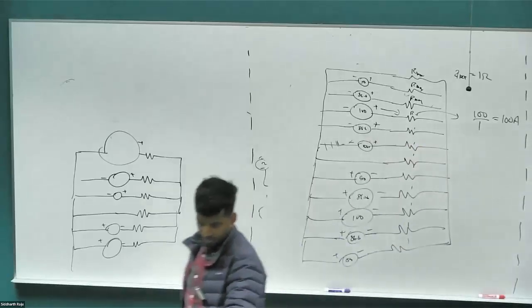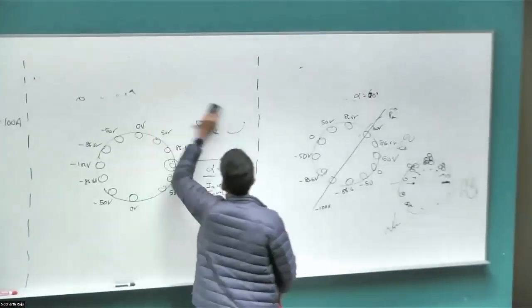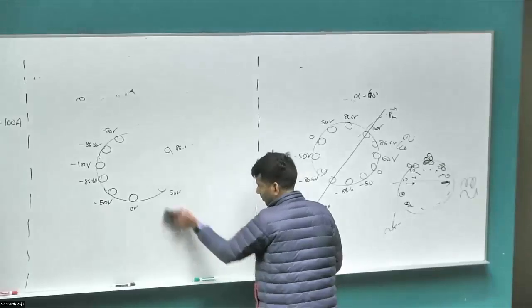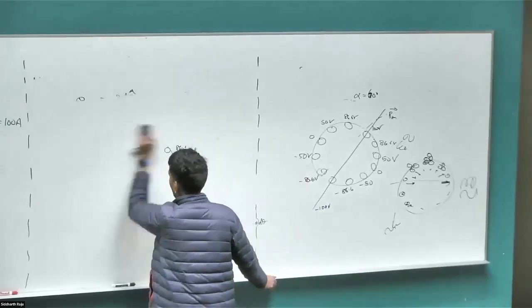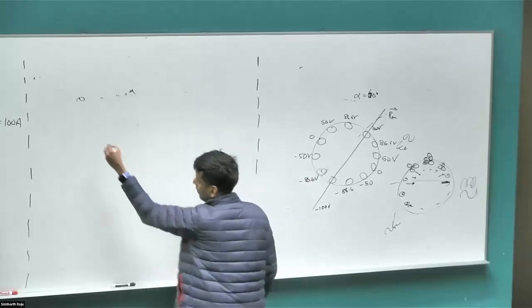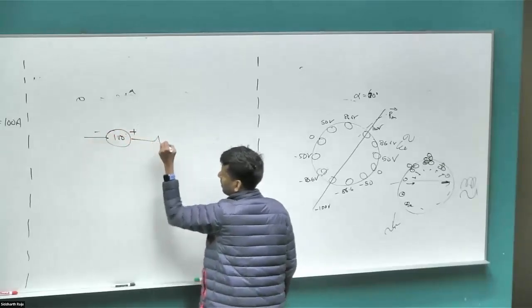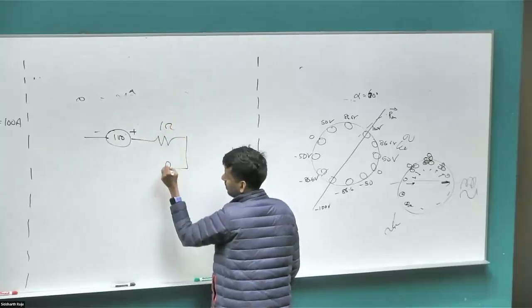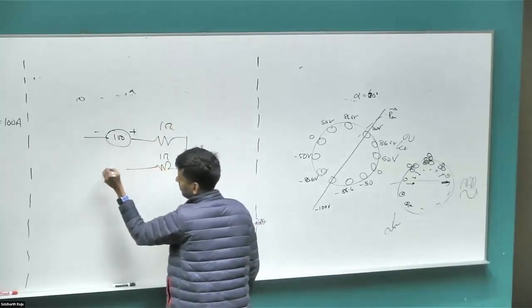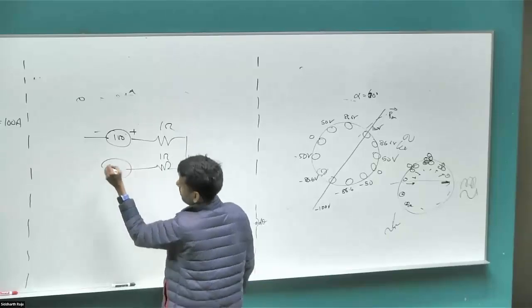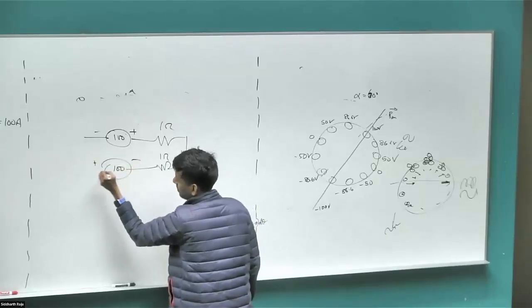So let's look at what's actually happening. So let's just consider 2 of those bars alone for now. Let's say we're considering one bar with the 100 volts across it with 1 ohm resistance, and then another one, 1 ohm resistance at the bottom where the polarity is reversed, 100 volts.